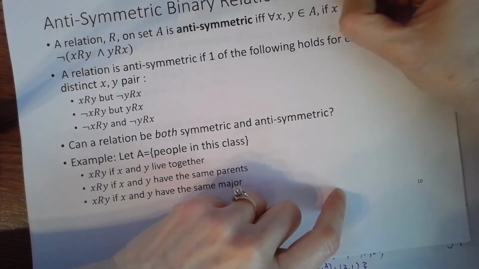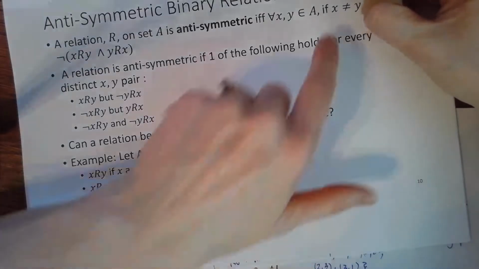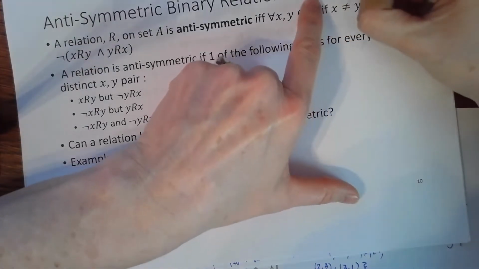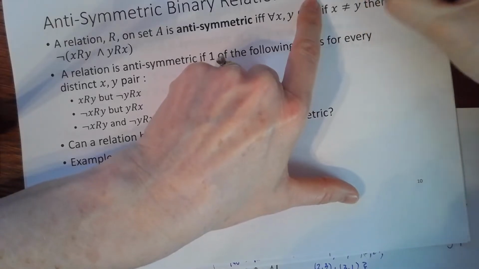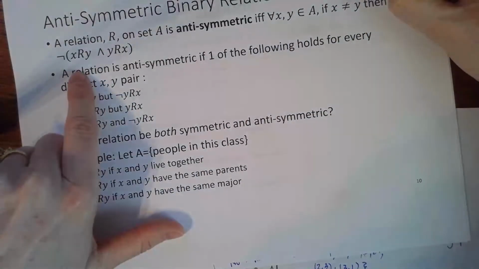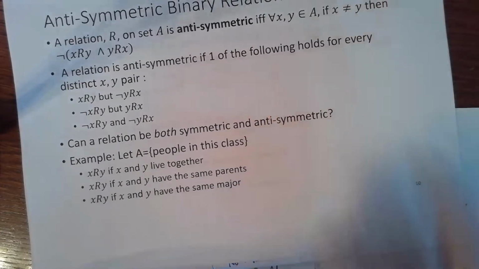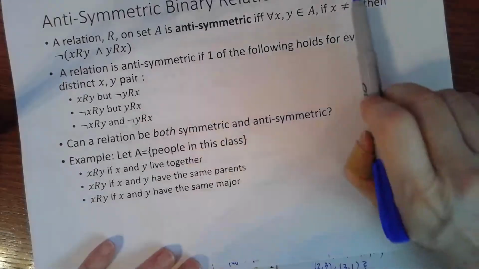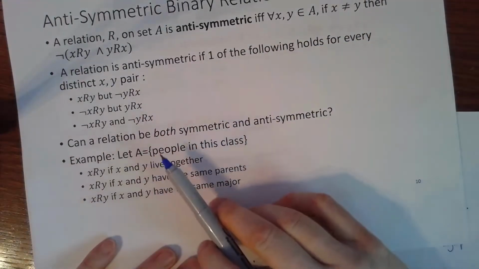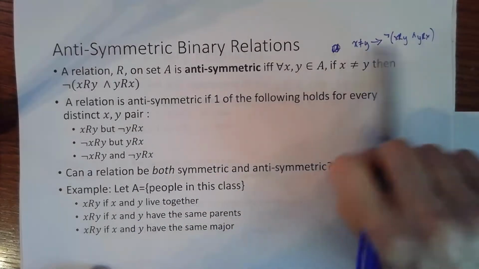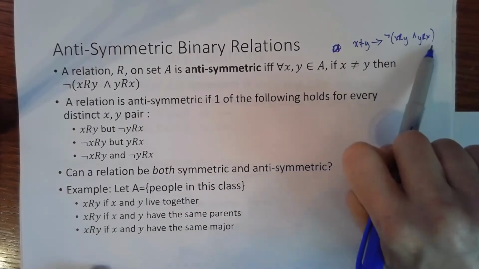This is, if x not equal to y, then not both x is related to y and y is related to x. So think about that as needing to determine the truth value of this.